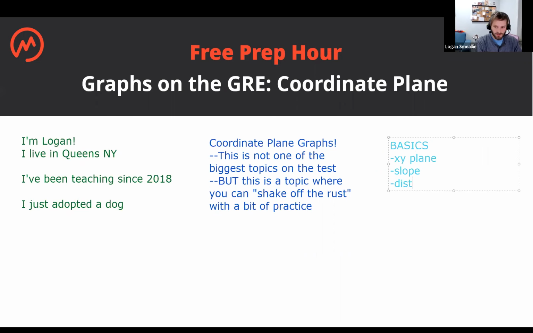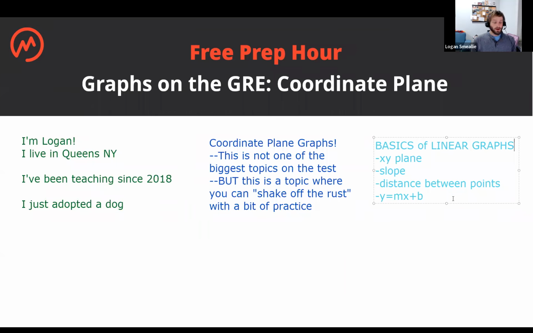We're going to talk about distance between points. If you've got one of these graphs, how do you tell how far apart two different points are? And then we're going to talk about y equals mx plus b. Specifically, this is the basics of linear graphs, because if you're just getting back into this topic, that's where you want to start, linear graphs.